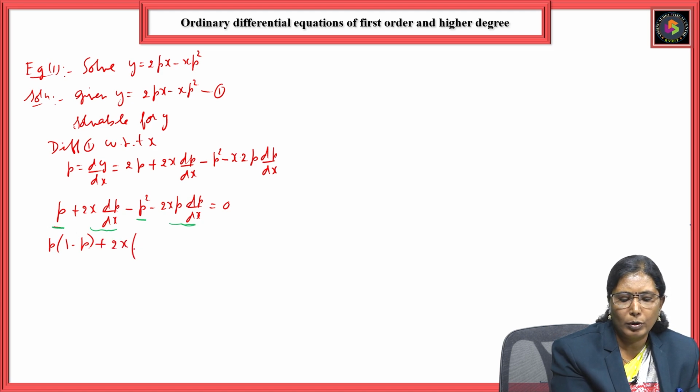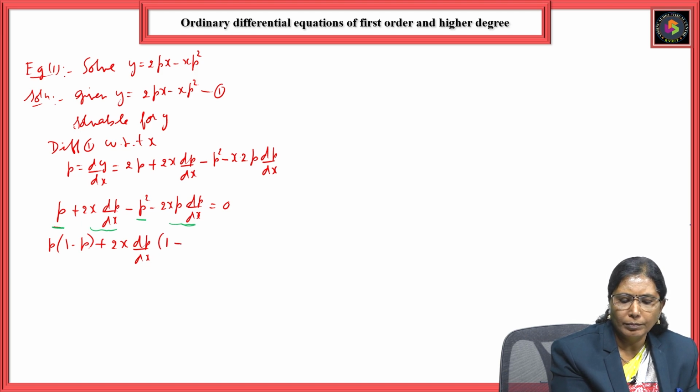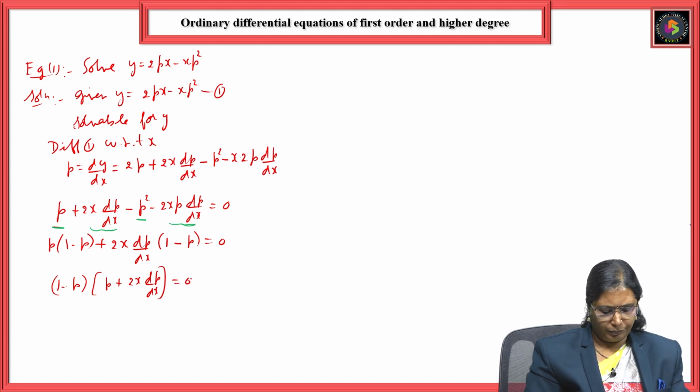You get 2x dp by dx. 2x dp by dx is common. So what do you get here? 1 minus p is equal to 0. Throughout what is common? 1 minus p. If you take it common, what do you get? p plus 2x dp by dx is equal to 0.